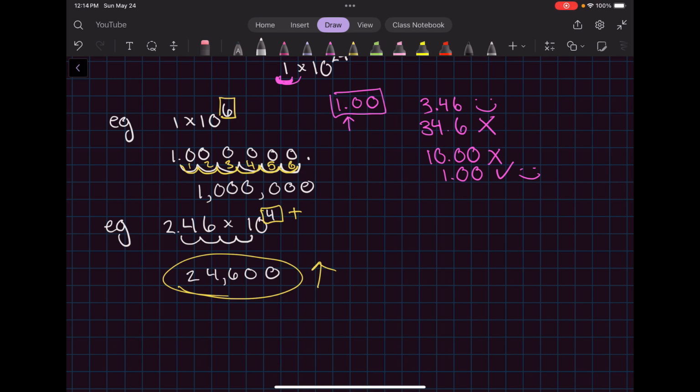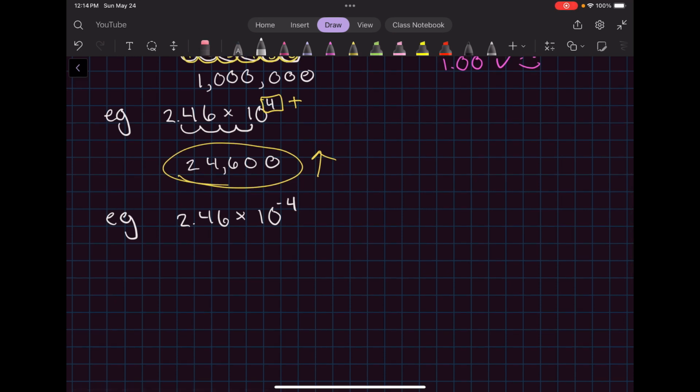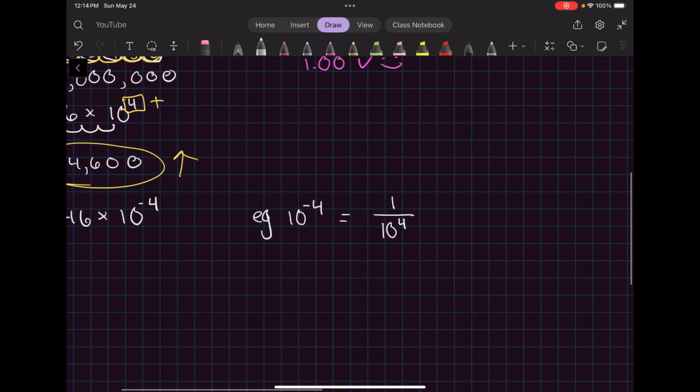So what happens when you have a negative exponent? Let's say 2.46 times 10 to the negative 4. Well, if you remember our exponent rules, let's just look at 10 to the negative 4. Using exponent rules, this is 1 over 10 to the 4th.